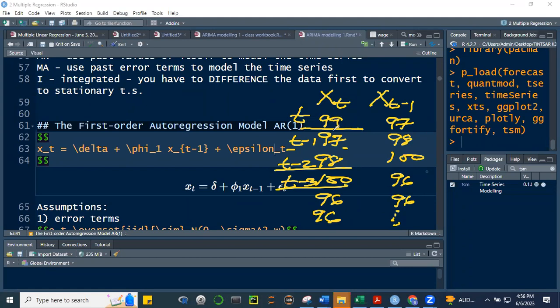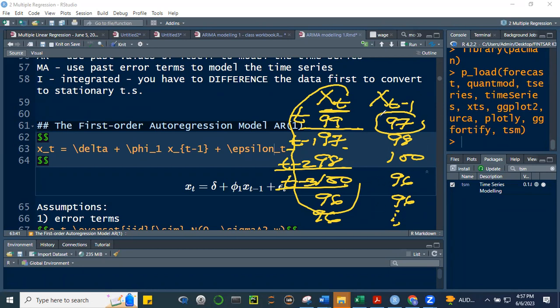This is current, this is x sub t. And then what I did was to create another time series, x sub t minus 1. So now you have this time series x sub t, and this other time series x sub t minus 1. So you are creating a model for x sub t based on lag 1 values.